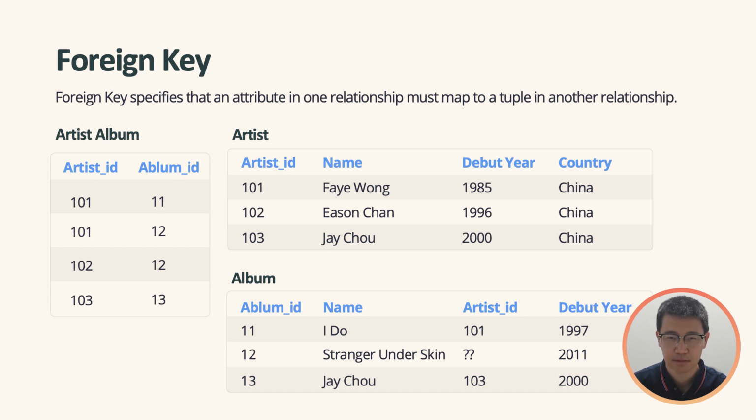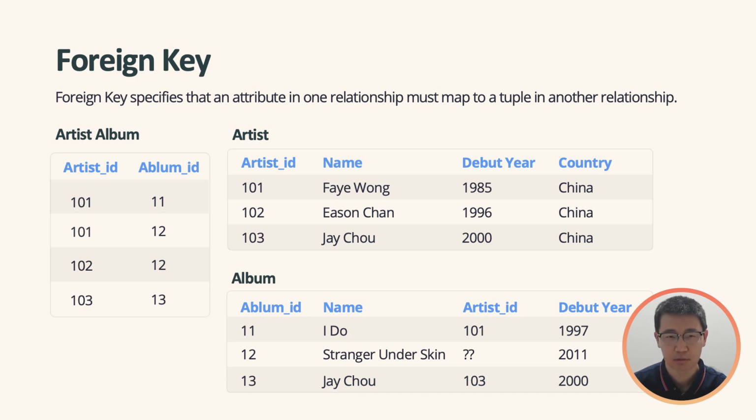Additionally, there is a concept of a foreign key. A foreign key refers to an attribute in one relationship that must map to tuples in another relationship. For example, my attribute can refer to an attribute in another table, which constitutes a foreign key.